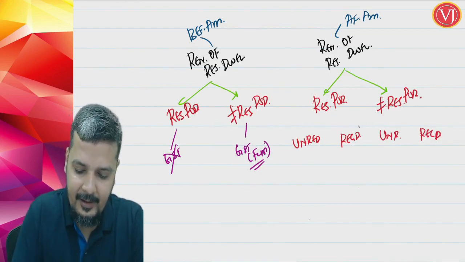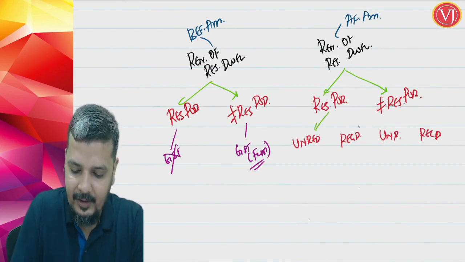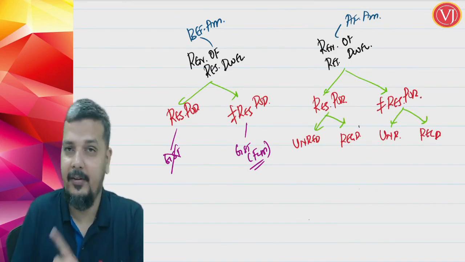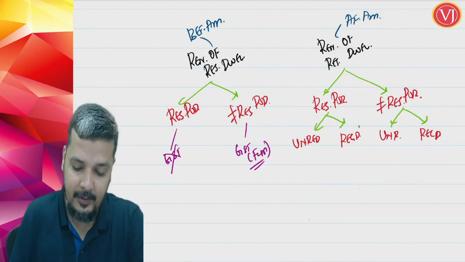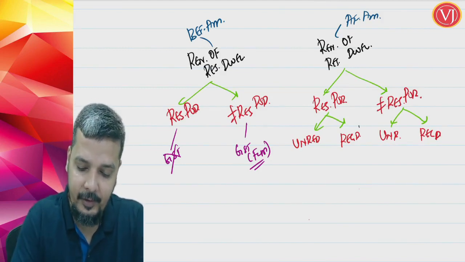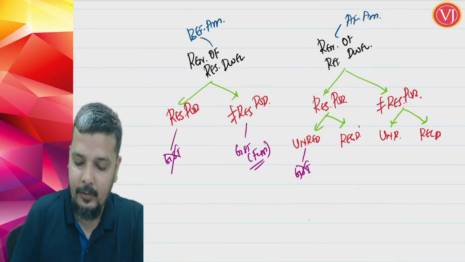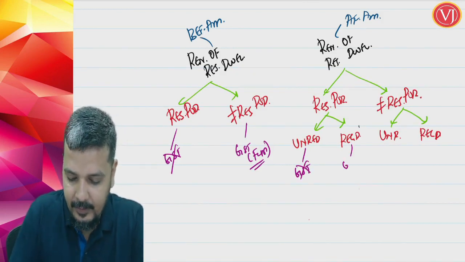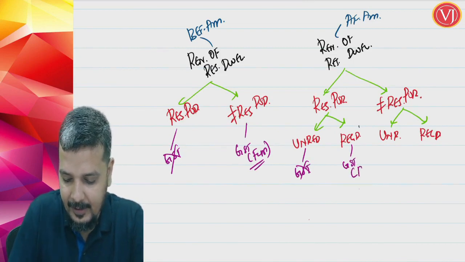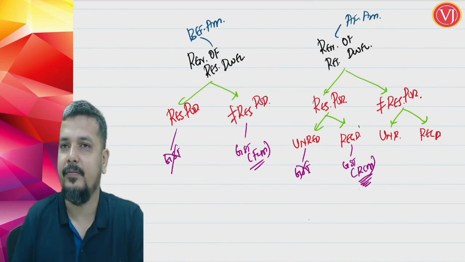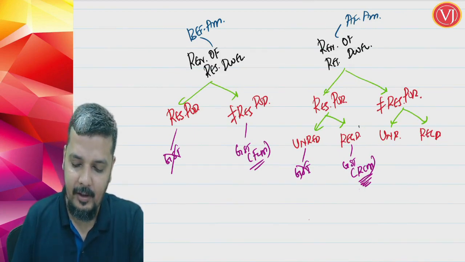Please understand that now things have changed. If you are talking about renting of residential dwelling, that is the first criterion, used for residential purposes, to an unregistered person, only this portion is exempted. If it is to a registered person, this is taxable, and this is taxable under RCM.